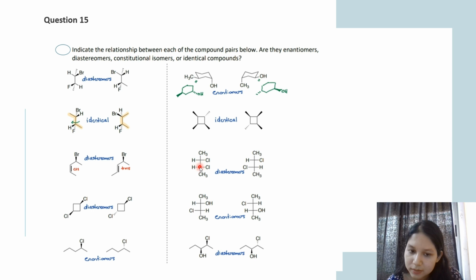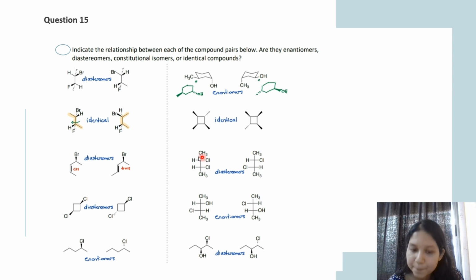Following the rules we have revised in the earlier questions, you just have to assign the RS configuration to these two stereogenic centers, and here also you have to assign the RS configuration, and then you will find that this pair is diastereomeric. Let us solve this question, and then you try to solve the next one by yourself.